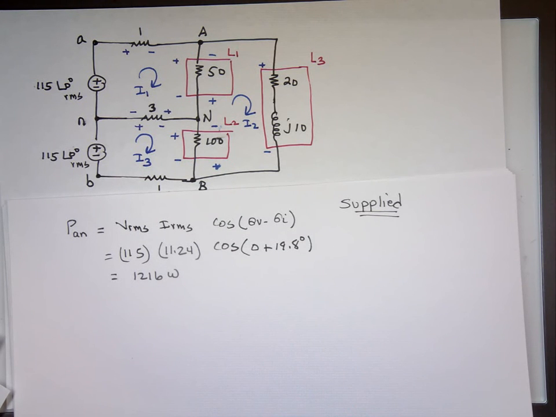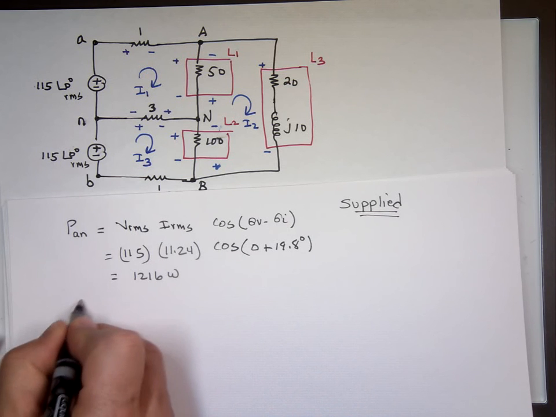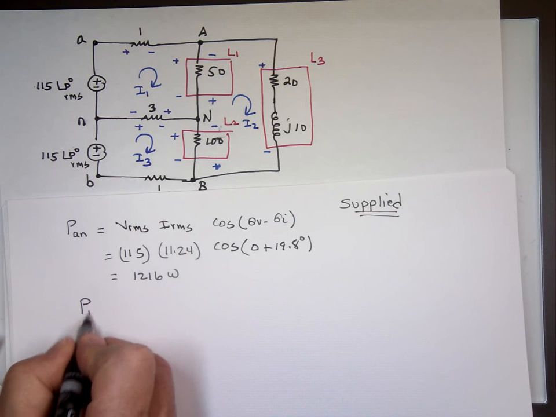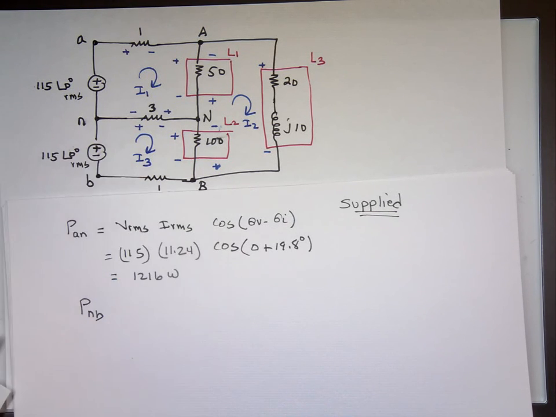And what is the average power supplied by the other source, NB? This source is also supplying power. Why? Because the current is entering the negative end.